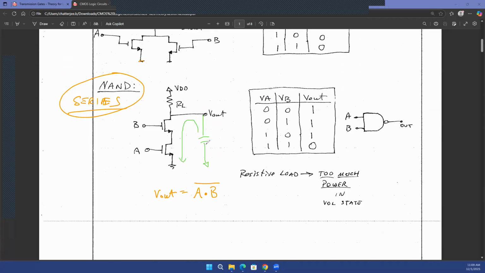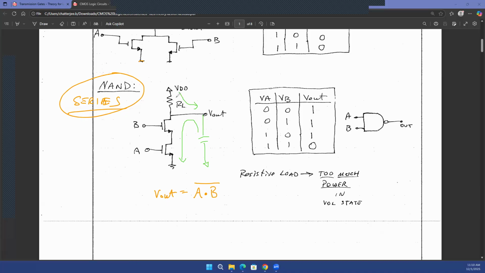Whatever charge was stored in the capacitor goes to ground. And that happens only if both V and VV are equal to 1. On the other hand, the capacitor gets charged from VDD using this RL resistor.